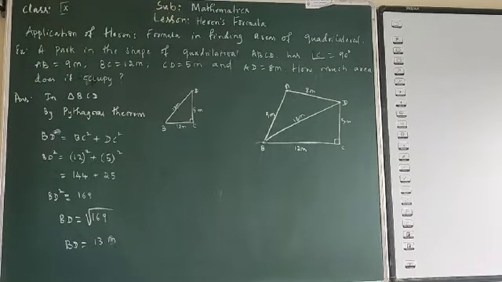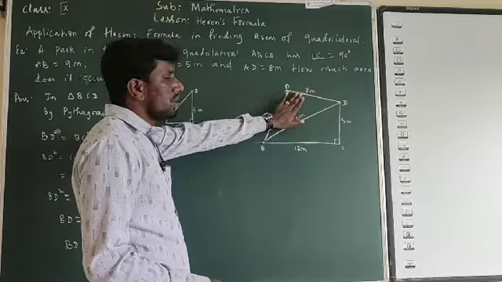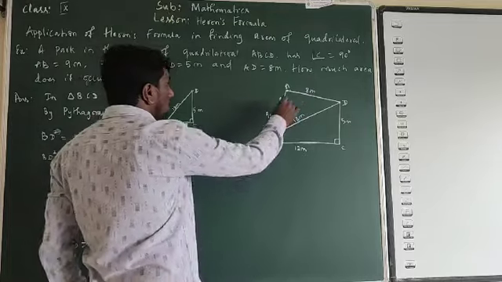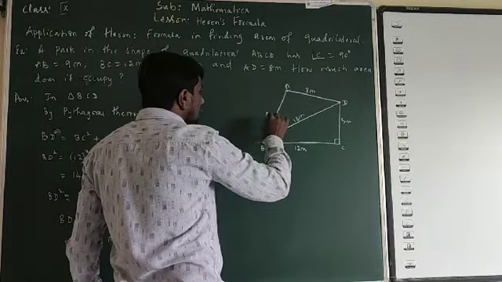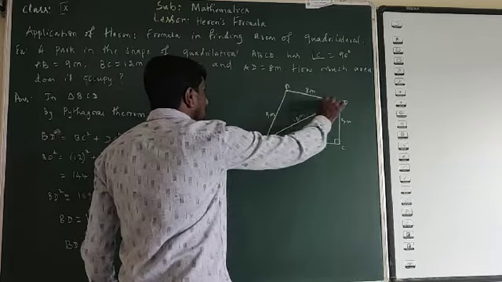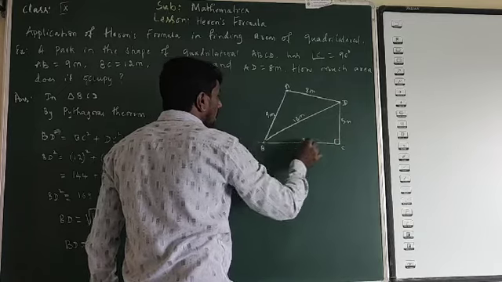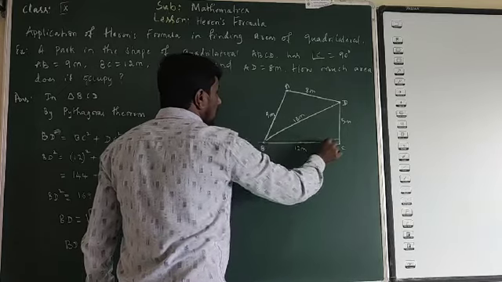So now we can easily use the formula to find out the area of this, also find out the area of this. I know all the three sides here. AB 9 meter, BD is 13 meter, and AD is 8 meter. I can use the Heron's formula for this triangle ABD. I can use the normal formula for the right angle triangle.